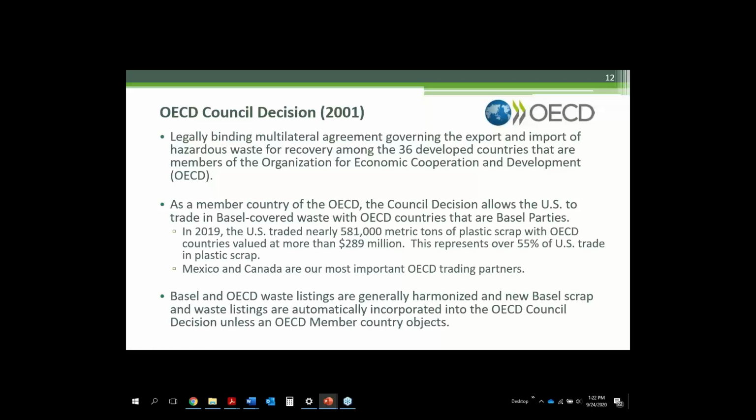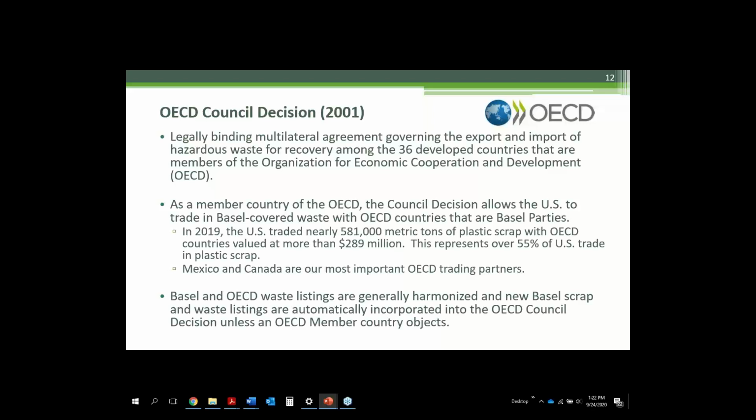So basically, there's two major international agreements that control the imports and exports of waste. And Leah just talked about the first one, which is the Basel Convention. There's another one that is between countries that are members of the Organization for Economic Cooperation and Development, the OECD. That's basically a consortium of the governments of 36 affluent or relatively affluent developed countries.